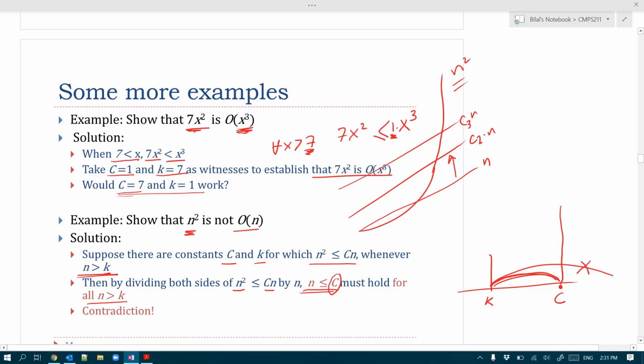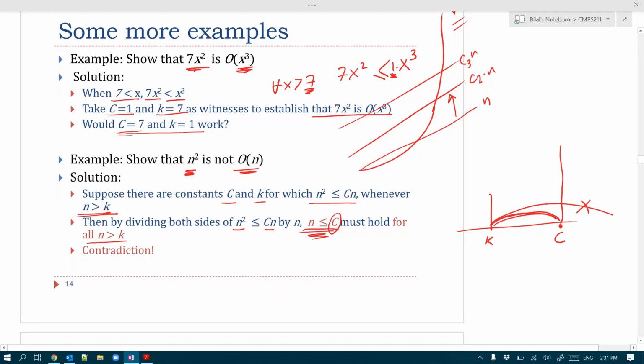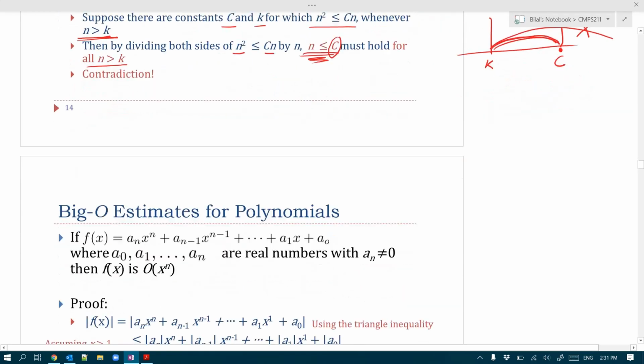And in this case, those n's do not actually fulfill this condition. So it's not true that you can find such constants for the function n squared when compared to the function n. So no way the linear function n would dominate the quadratic function n squared.